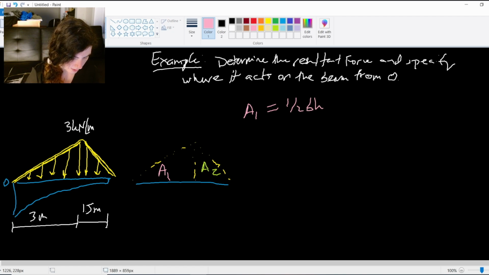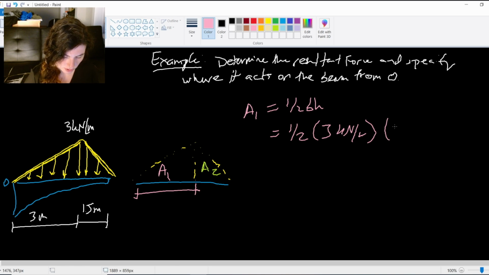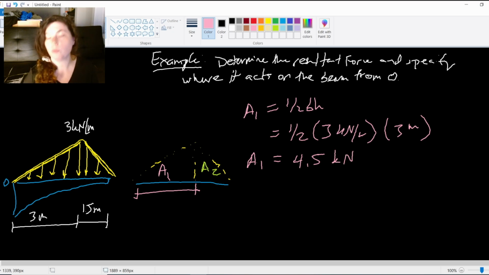So for A1, my height is the 3 kilonewtons per meter, and then my base is this base length here of 3 meters. So for area 1, what I get is 4.5 kilonewtons.